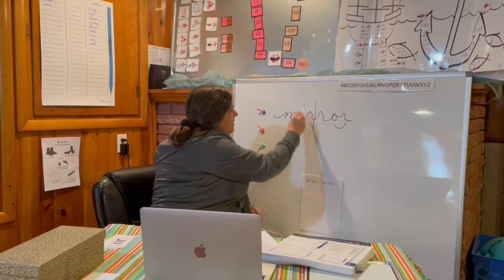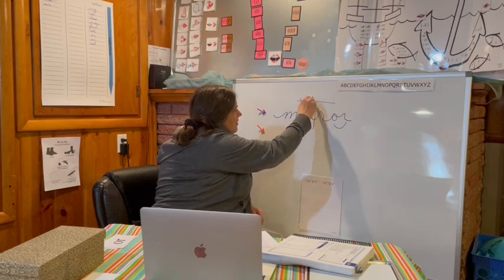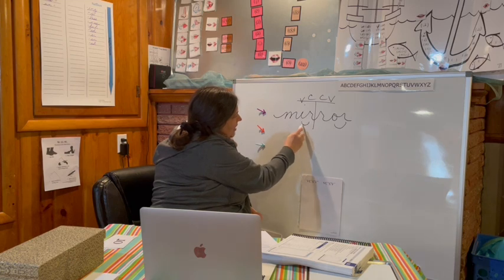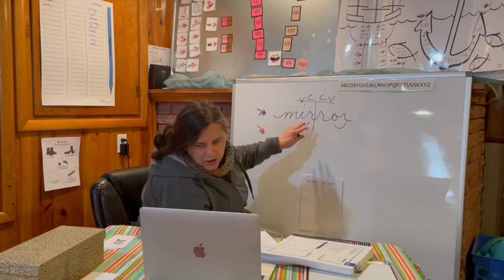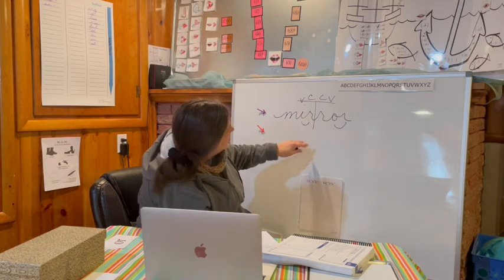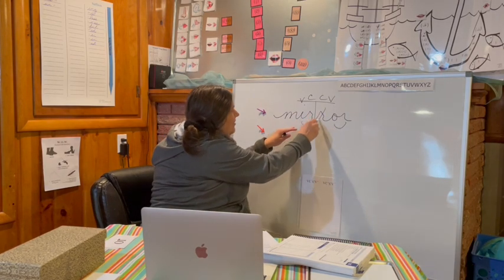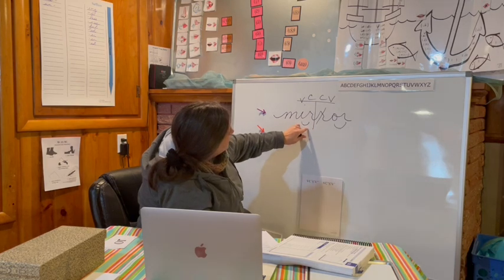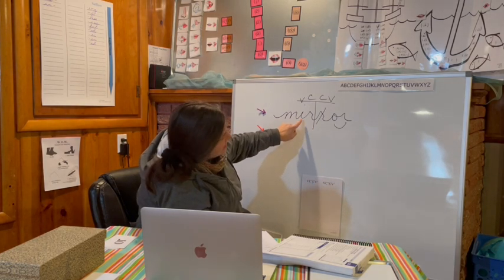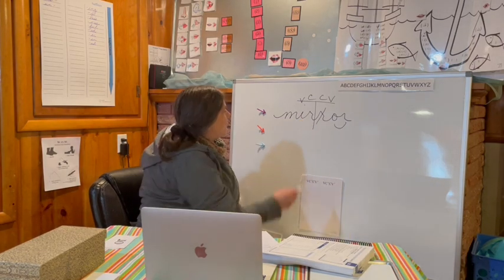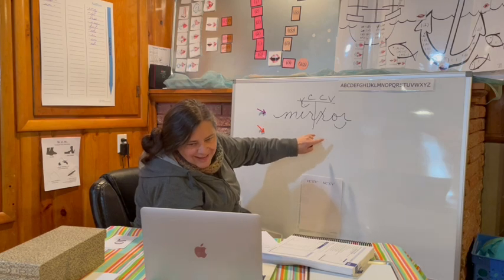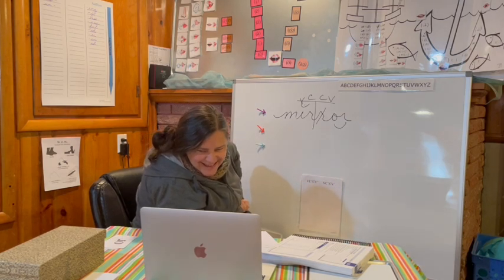So let's see, we have vowel, consonant, consonant, vowel. So instead of having mer, have you ever heard the word mer before? No. So, I'm sorry, I forgot to cross out my R like you did. What it's doing is making it not a combination, and now it's just a vowel and a closed syllable. So it gets a breve. So it's mirror, mirror. Isn't that interesting?